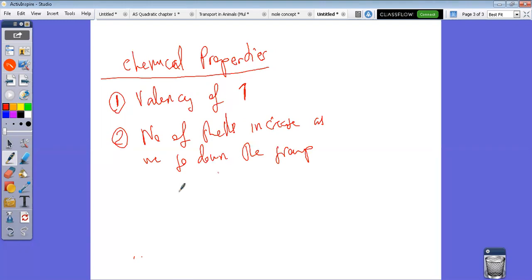Then what did we say about the reactivity? Now the third property is that the reactivity increases as you go down the group.